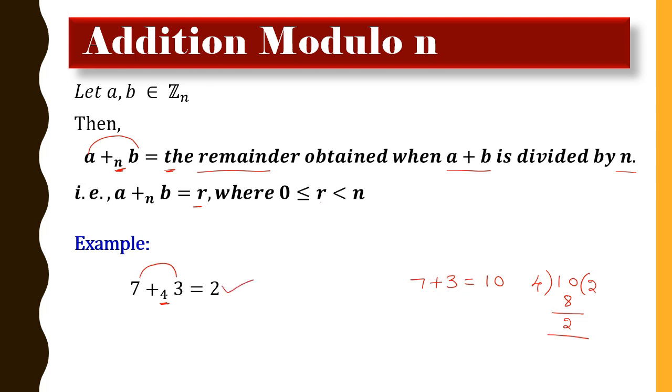Therefore we got 2. Similarly, 12 addition modulo 6, 17. So what is the answer? Again you add 12 plus 17, that is 29. Divide 29 by this number, that is 6. 6 4s are 24. Therefore remainder is 5. So we got 5.